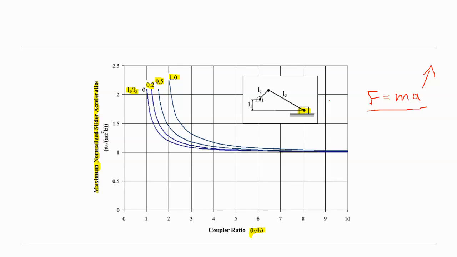It is not easy to balance. So in the design stage, you have to take into consideration how I can reduce the acceleration, how I can have a smooth motion with less acceleration, because high acceleration means high unbalanced force.